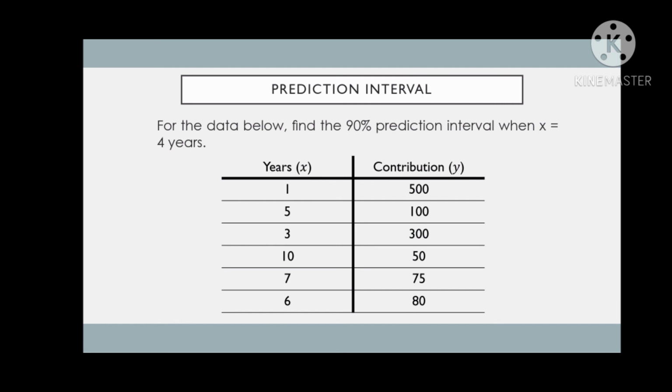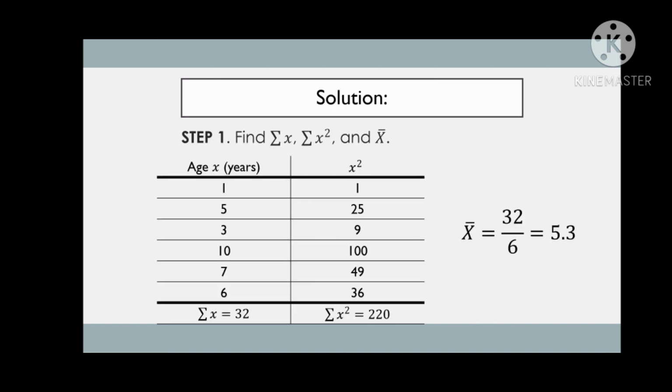For the data below, find the 90% prediction interval when x equals 4 years. For the solution, step 1, find the summation of x, the summation of x squared, and the mean. For this table, the summation of x is equal to 32. The summation of x squared is equal to 220. For the mean, 32 divided by 6 equals 5.3.